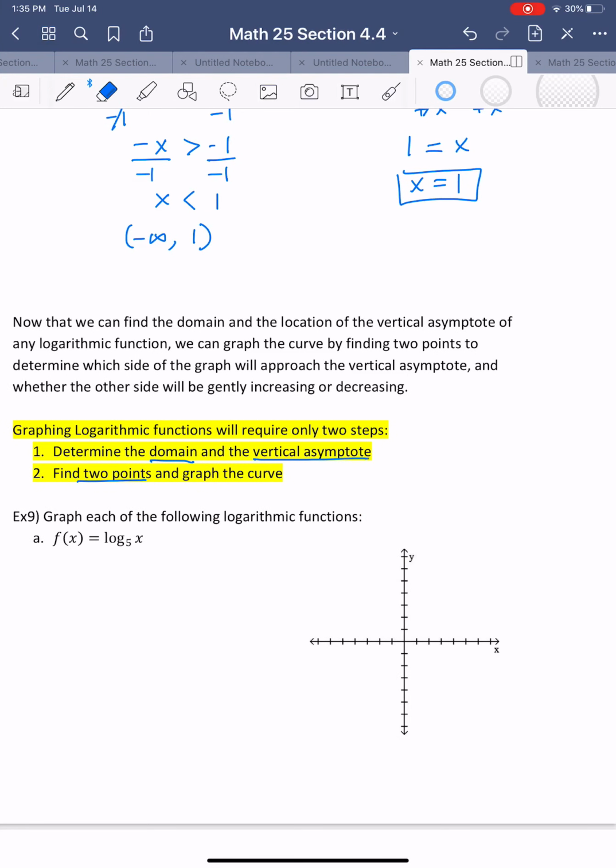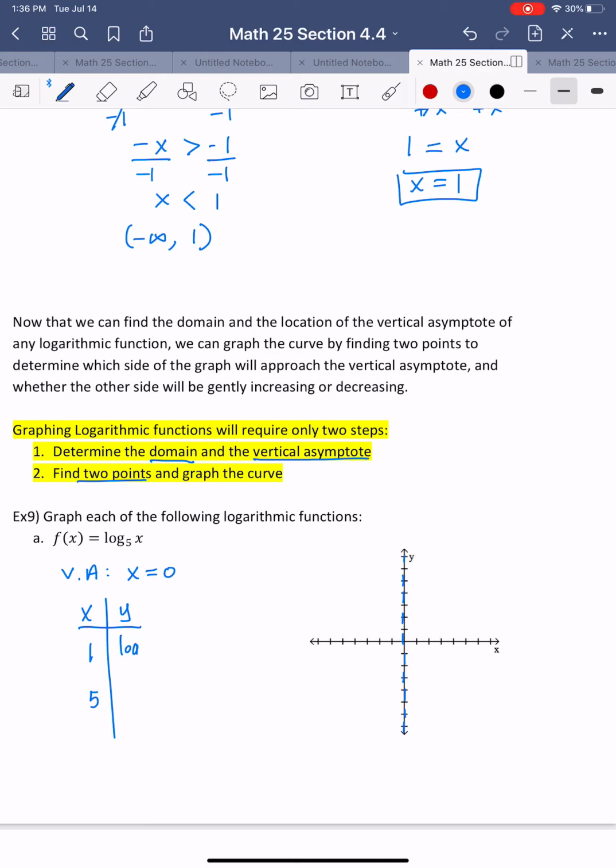First of all, we need to find the vertical asymptote. For this case, the vertical asymptote is x equal to 0, isn't it? x equal to 0 is the y-axis, a vertical line through 0, which determines what values you should use. We only need 2 points, right? The best points for this function, I think, are 1 and 5.